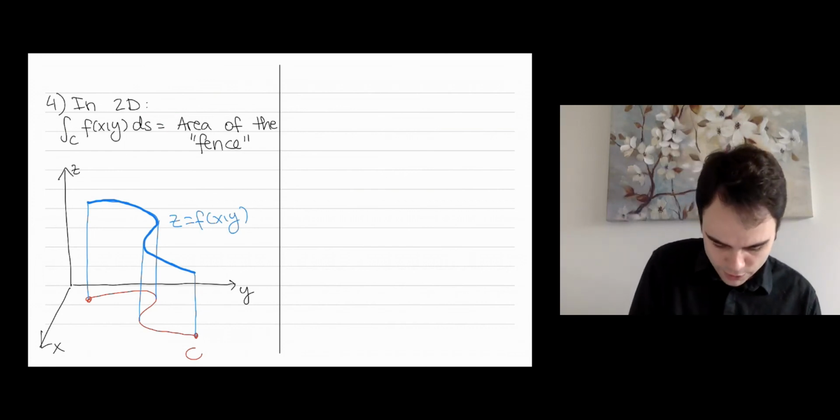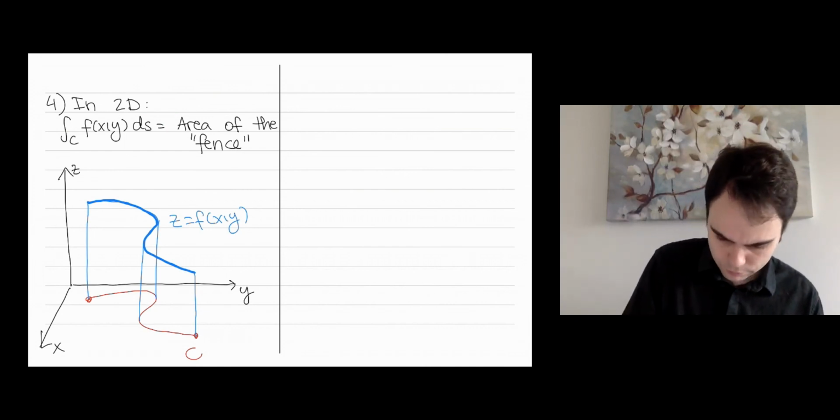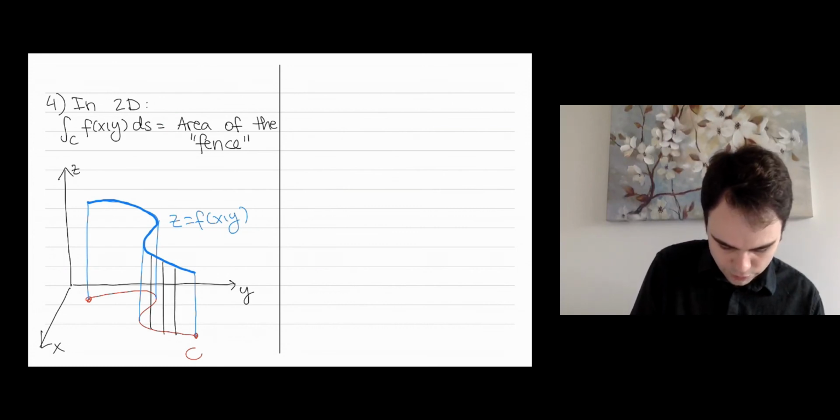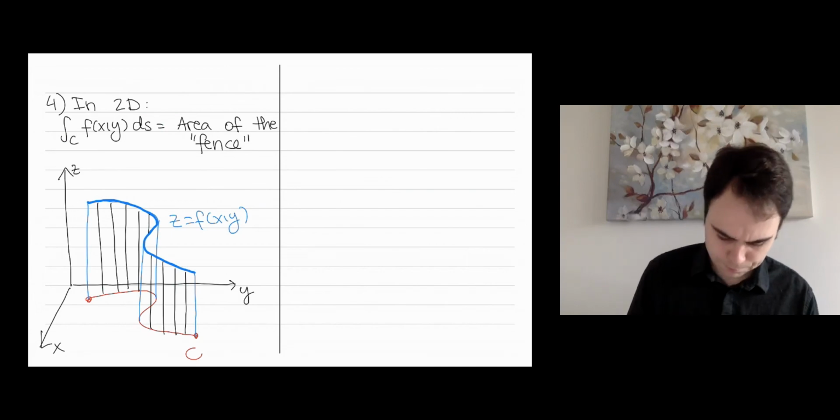What's going on here is that when we do the integral, we're really breaking up our curve into little segments. Here I'm drawing vertical lines above these segments.